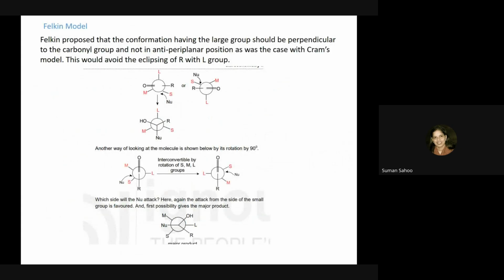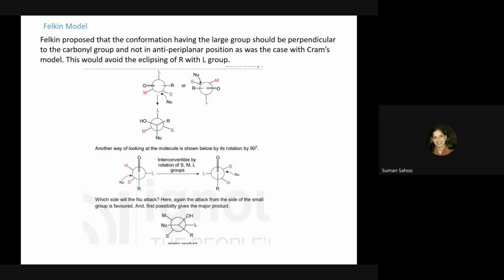He said that it may not be eclipsed; in that case the L group, the large group, is in a staggered conformation, where it is perpendicular, not antiperiplanar, to the carbonyl group. So the large group would be perpendicular to the carbonyl carbon-oxygen, and we can have two different conformations in that way.